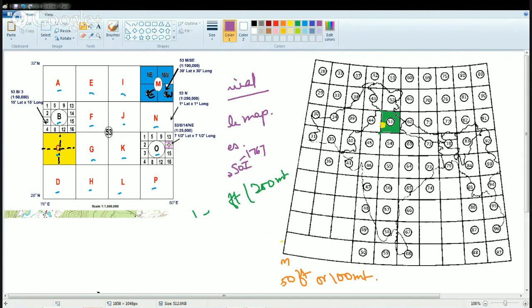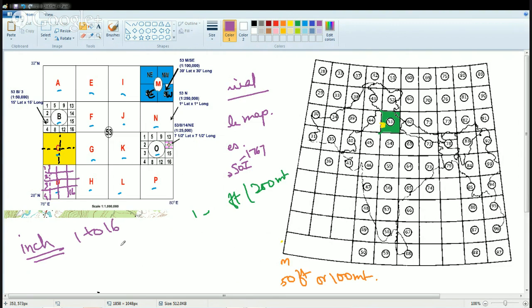For example, this section I am dividing into 16 parts, so it would be 1, 2, 3, 4, and so on till 16. So if I divide a degree sheet into 16 parts, it is known as the inch sheet. The inch sheet would be numbered from 1 to 16, as the half-inch sheet was northeast, northwest, southwest, and southeast.